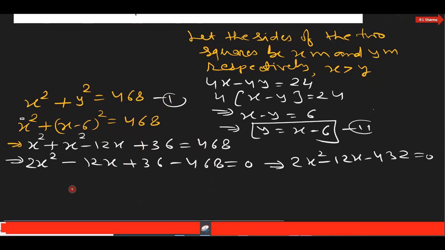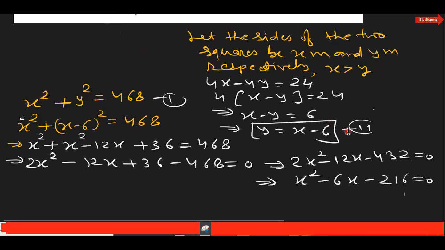Taking 2 common, dividing both sides by 2, we have here x square minus 6x minus 216 is equal to 0.